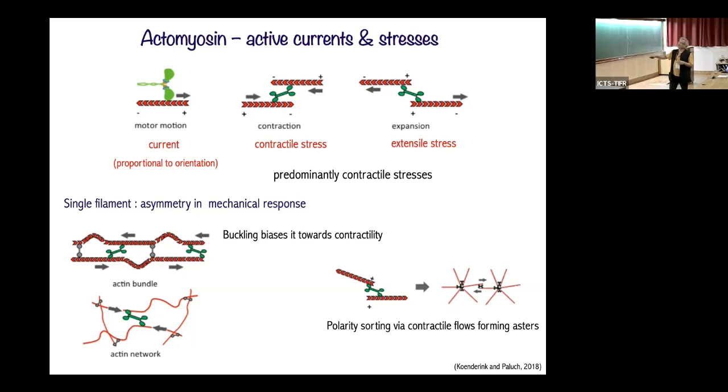So if I have a random network of filaments like that with a lot of motors, typically it will show this contractile behavior. Okay. So this is to say that a system of actin and myosin gives rise predominantly to contractile stresses. And these are actively driven. They consume ATP. So this is one aspect: the actomyosin system is a force generator. It's a contractile force generator.